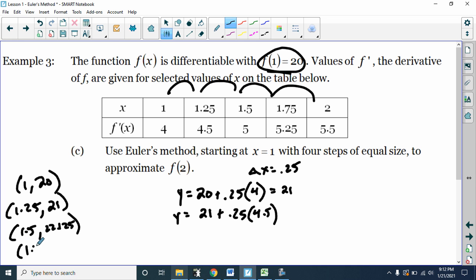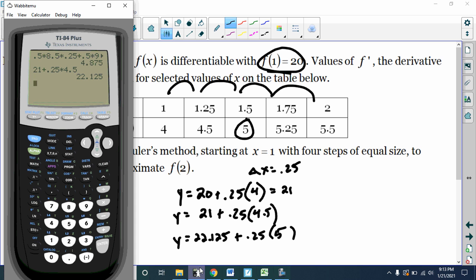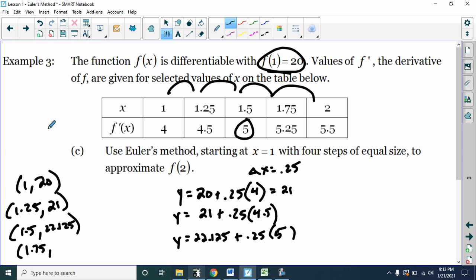New x is 1.75. My new y is the previous y plus the step times the slope at the previous point, which is 5. That gives 23.375.